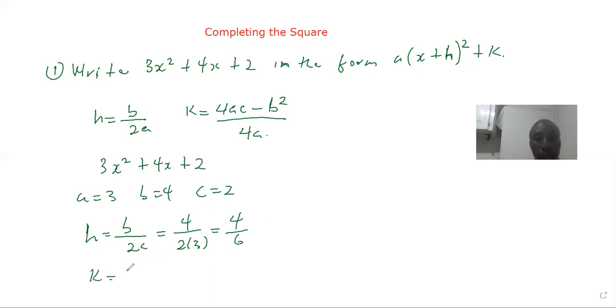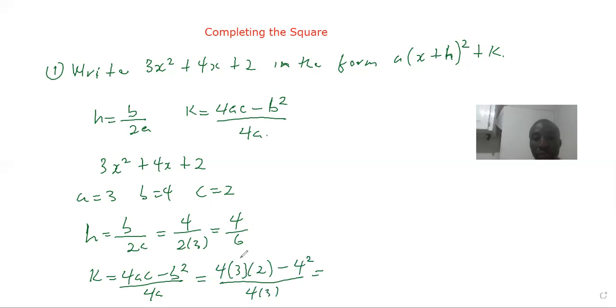k is equal to 4ac minus b squared, all over 4a. So for my k, wherever I have a, I put 3, my c value is 2, minus my b, which is 4, squared, all over 4 times my a, which is 3.